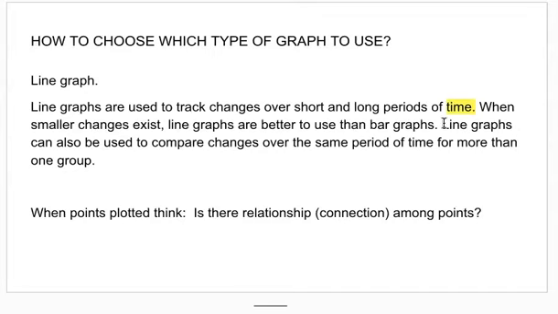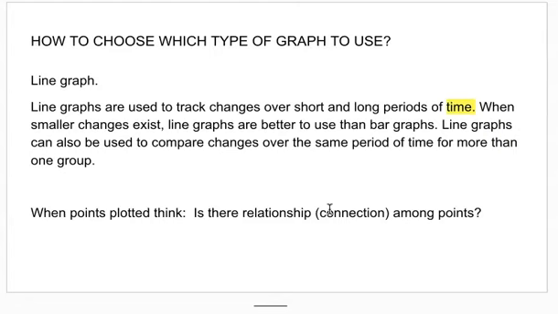You're measuring the same thing, blades of grass, over time. So through time, line graphs do the best job of showing this. They can be used to compare changes over the same period of time for more than one group. So again, if you have several lines, that is fine. When you're looking at a line graph, is there a relationship or connection among the points?